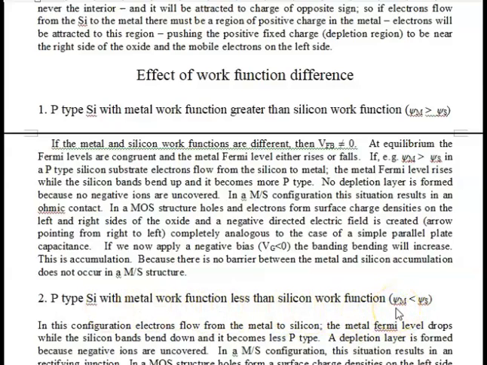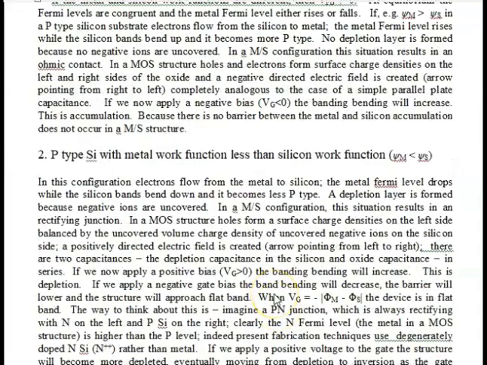And that's the second case we're looking at, where the metal work function is less than the silicon work function in p-type. In that case, we start out at equilibrium with no gate bias in depletion.